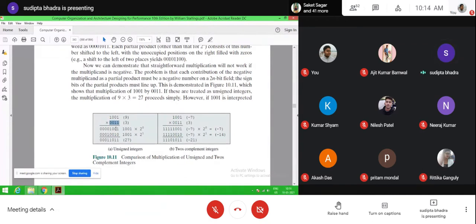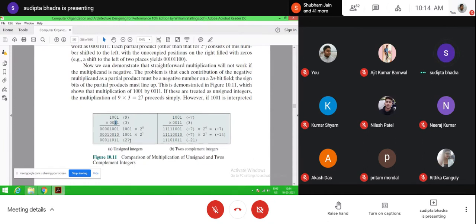So 9 into 3, with the shifted partial product, the shifted multiplicand. As 1 is present in 2 to the power 0, the partial product is not shifted; 2 to the power 0 means no shifting will happen. 1 is present in the 2 to the power 1 position, so 1 shift happens, and then the summation gives the ultimate result.